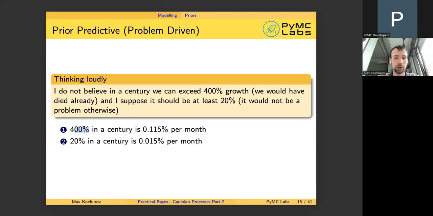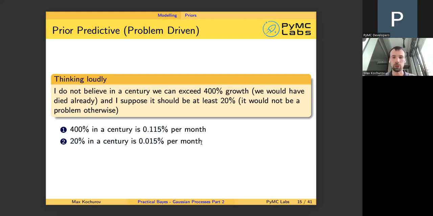And in this example, 400% in a century would be about this much per month. And this is already something. If we don't believe that CO2 can decrease in time, we can say the sensible lower bound to be 20% in a century, which is this small amount per month.